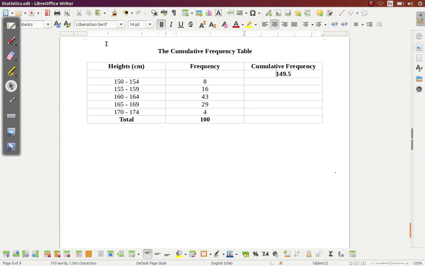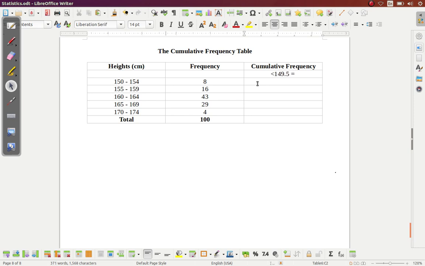But now, it's bold. I don't want it bold. Now, how many of these models had a height in this table less than 149.5?